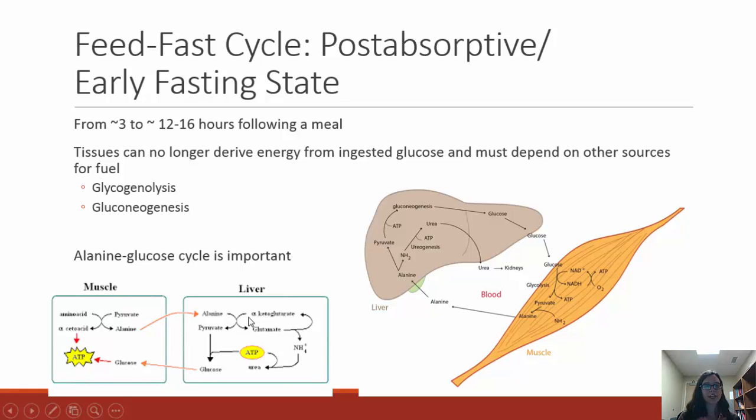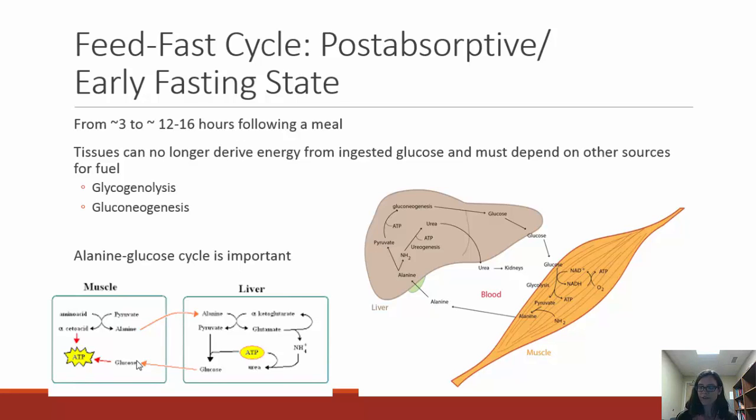So then the alpha ketoglutarate becomes the amino acid glutamate, and the alanine is then converted to pyruvate. So then the pyruvate can be converted back into glucose in the liver here, and then which can then return to the muscle for energy.